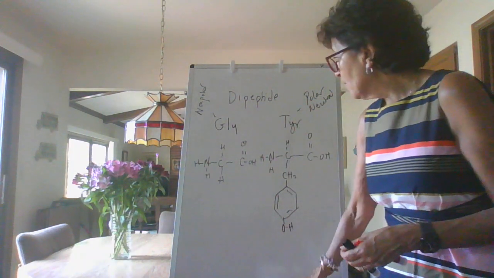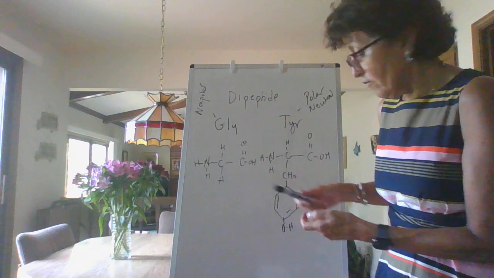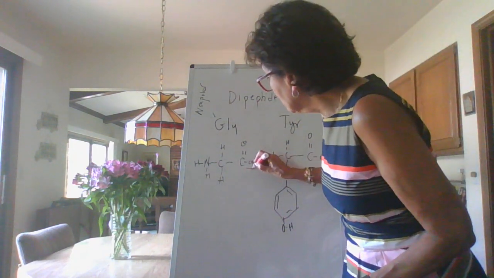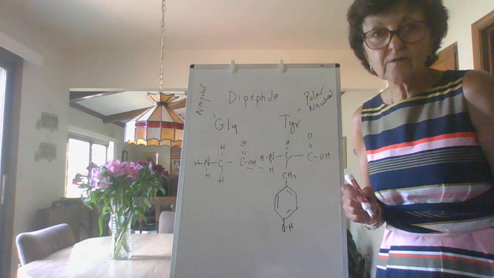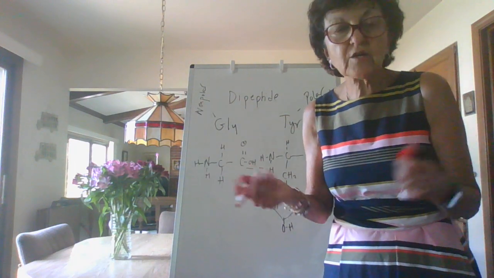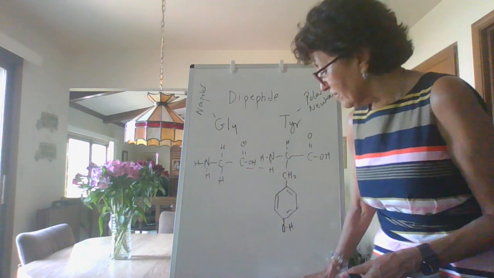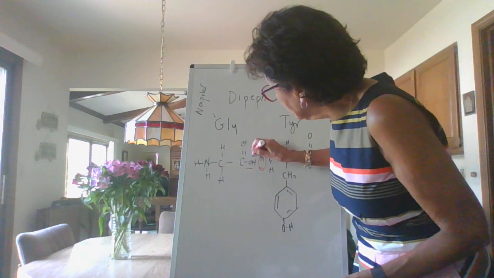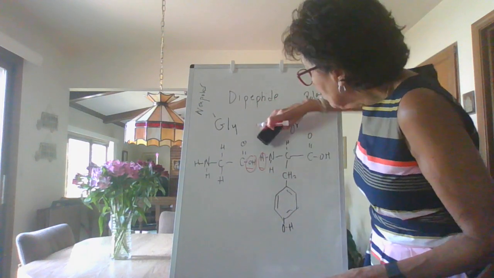Okay? So can you see over here? I'm going to show you what I want to do. See this OH and see this H? There's my HOH. I'm going to remove a molecule of water, remove this H, remove this OH, get rid of them.